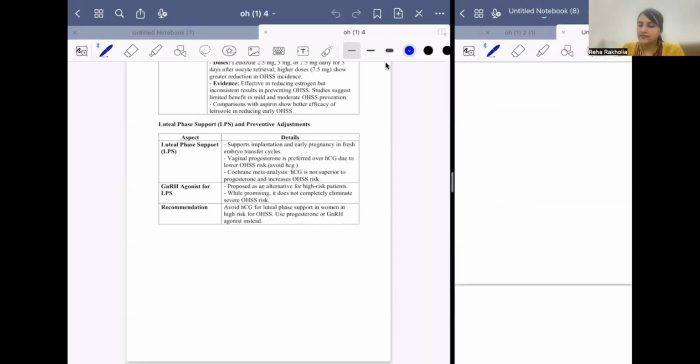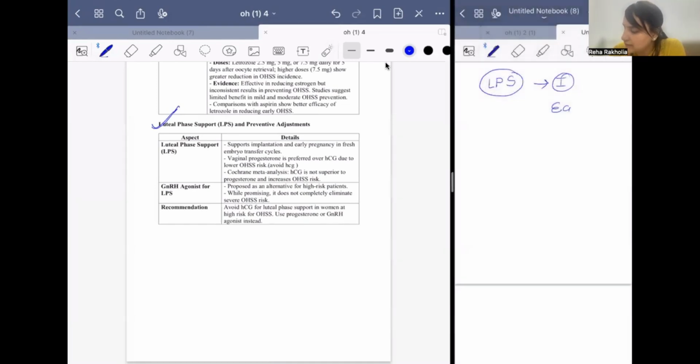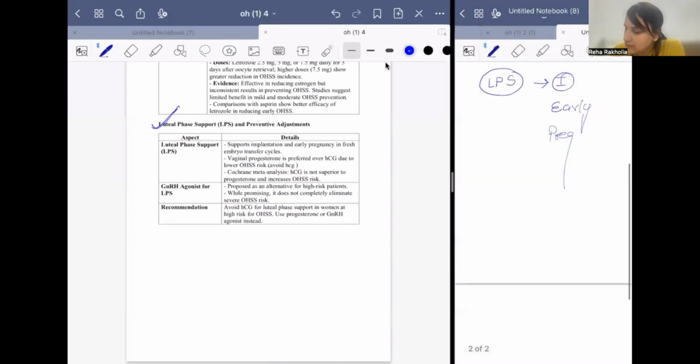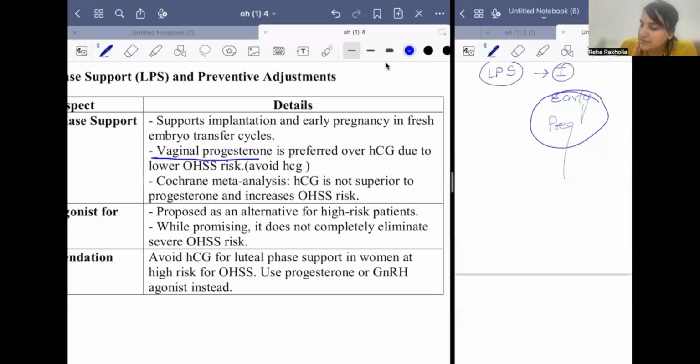We will talk about luteal phase support and preventive adjustment. Luteal phase support means supporting implantation and early pregnancy. Basically, vaginal progesterone is preferred over HCG due to lower OHSS risk.